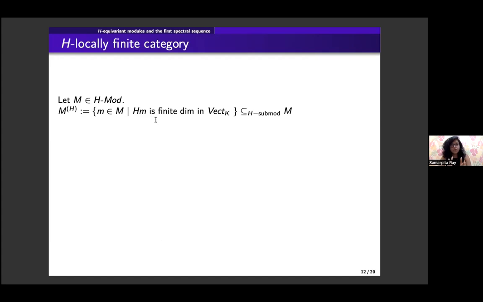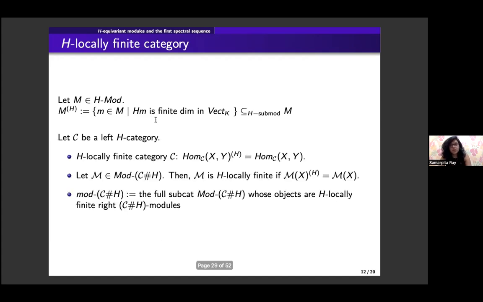And the collection of all such elements of M is an H-submodule of M. Given that C is a left H-category, by an H-locally finite category we mean a category whose Hom sets satisfy the condition that the H-finite elements of the morphisms are equal to the morphisms themselves. So this is an H-locally finite category, and the small module category, which I said is a subcategory of the original module category, is the collection of all these H-locally finite modules.